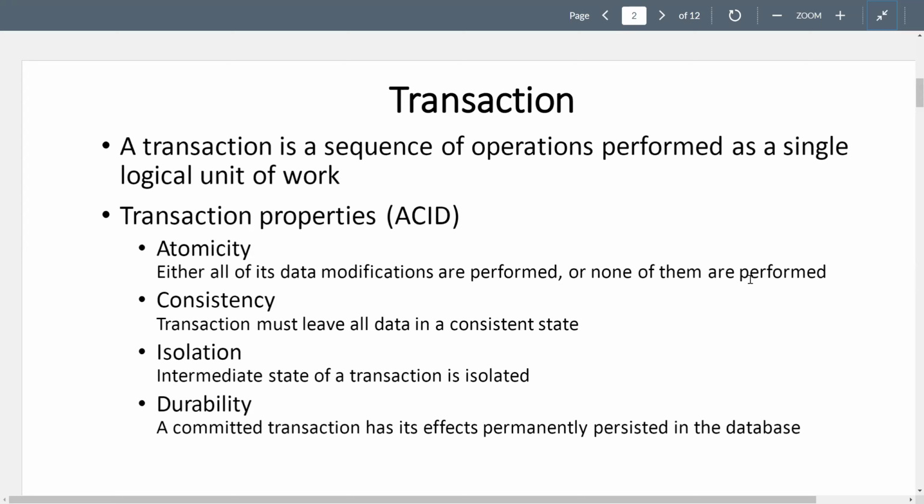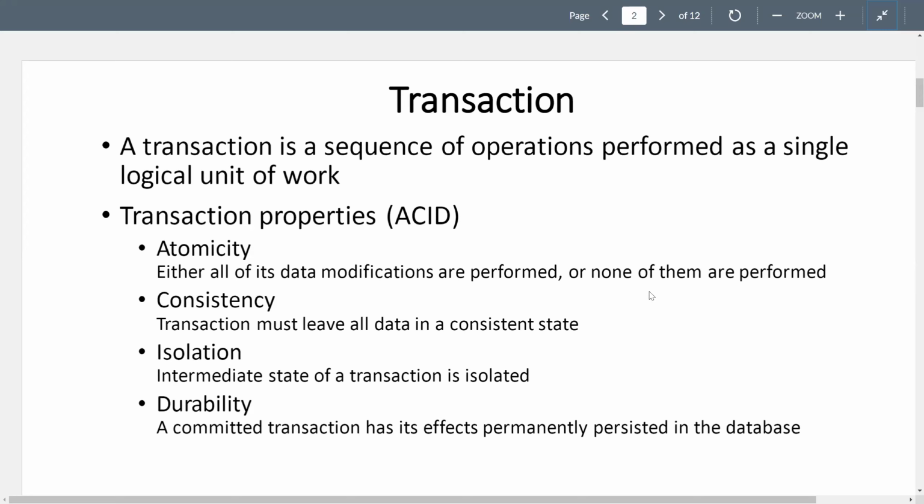So these two steps are two operations, and these two operations are contained in a single logical unit of work. They must either succeed together or they must fail together. We cannot have one succeeded, the other failed. Okay, so that's the concept of transaction.